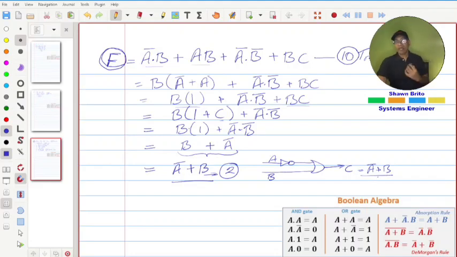So you can see how easy it is. Those 10 transistors dropped down to just 2 transistors. That's the advantage of Boolean algebra.